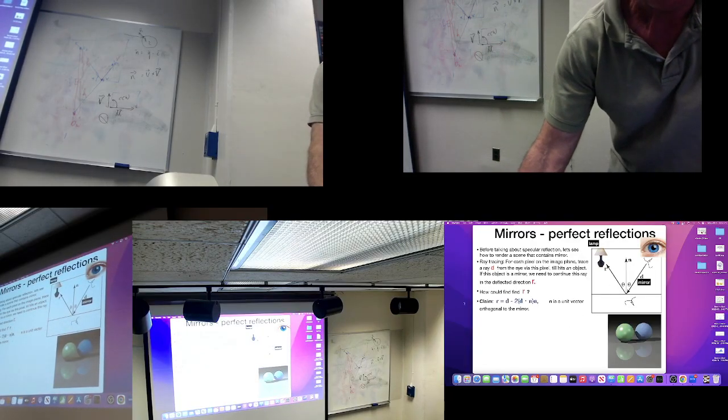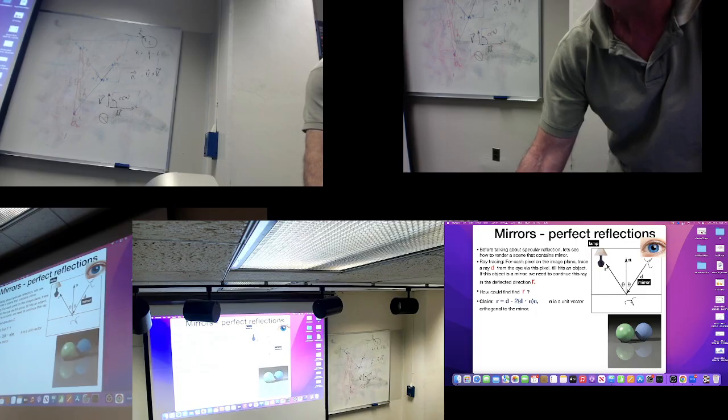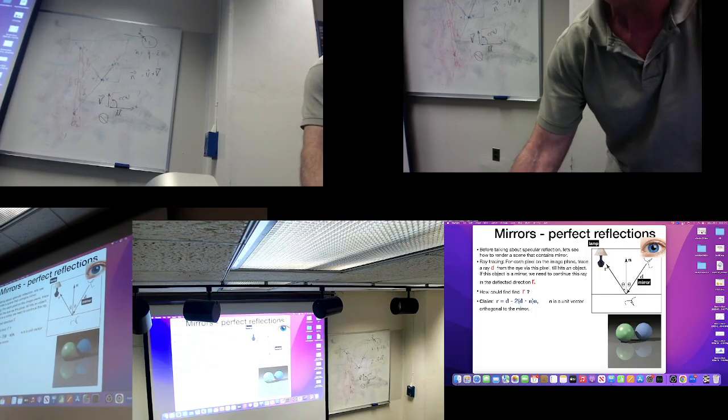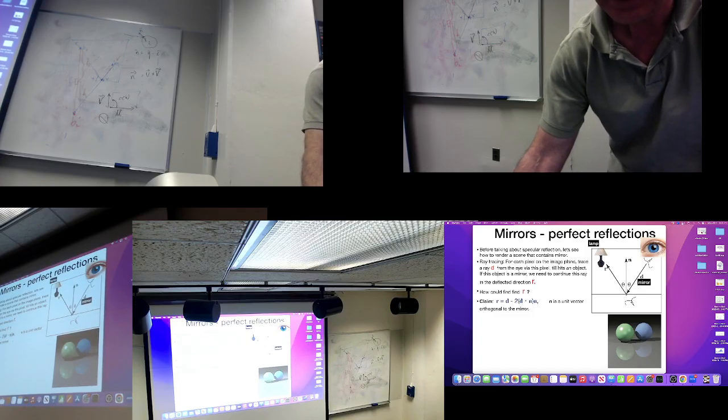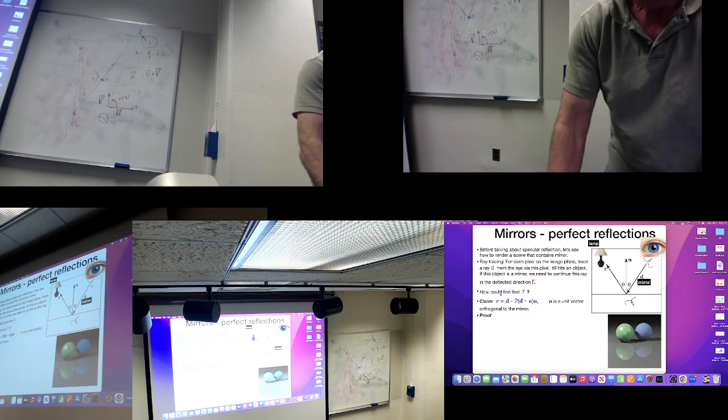Okay, a very simple calculation that tells you what is a new vector, if you're generating a new ray: what is the direction of this ray as a function of the normal and a function of the ray that hits the surface. Why is it true?